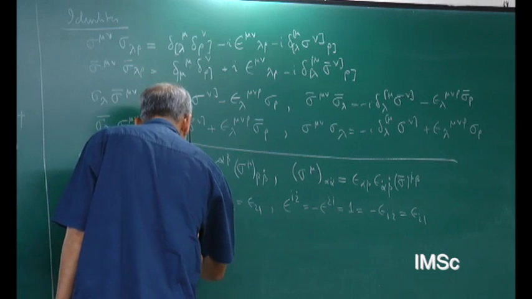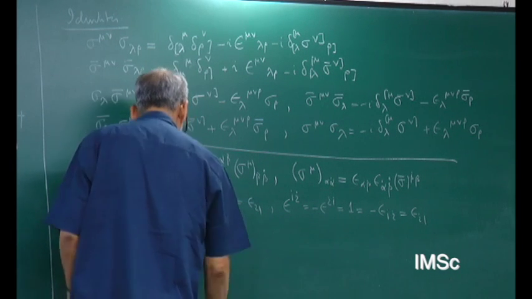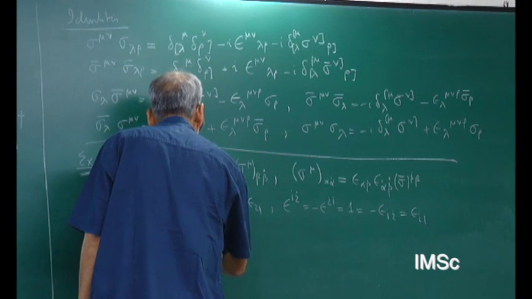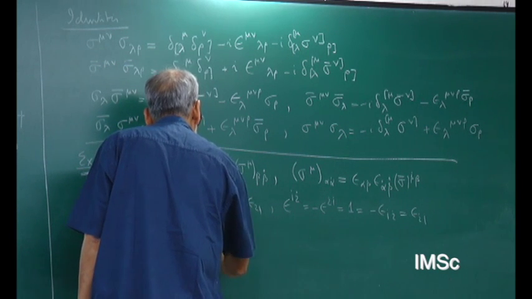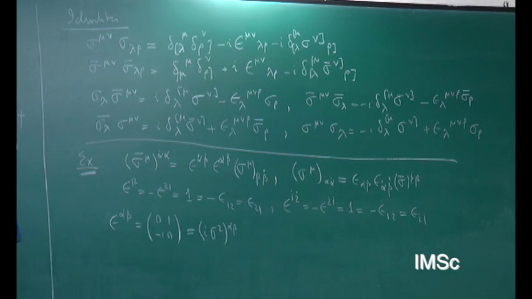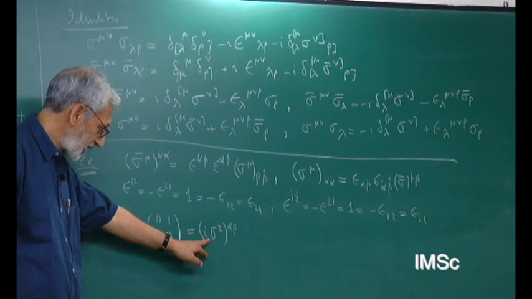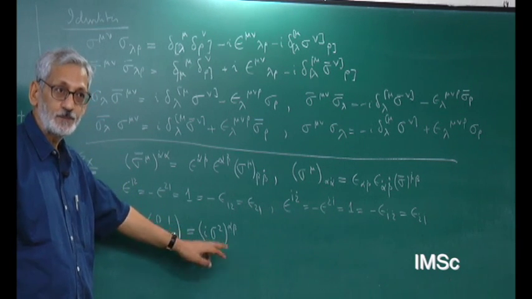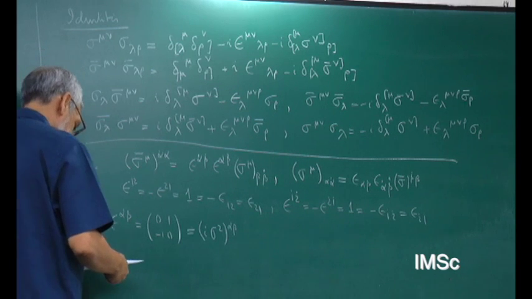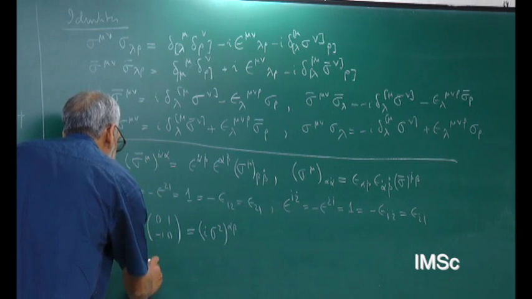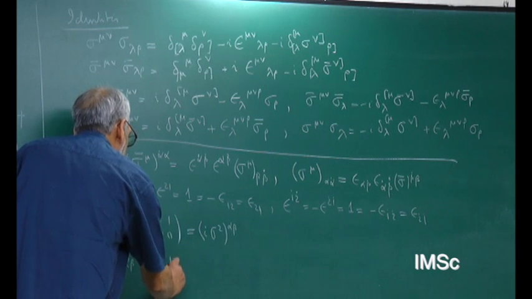And there is another nice compact way of writing it, which is useful: it's the same as I times the second Pauli matrix, sigma 2. And its inverse, epsilon alpha beta down, is 0, minus 1, 1, 0.